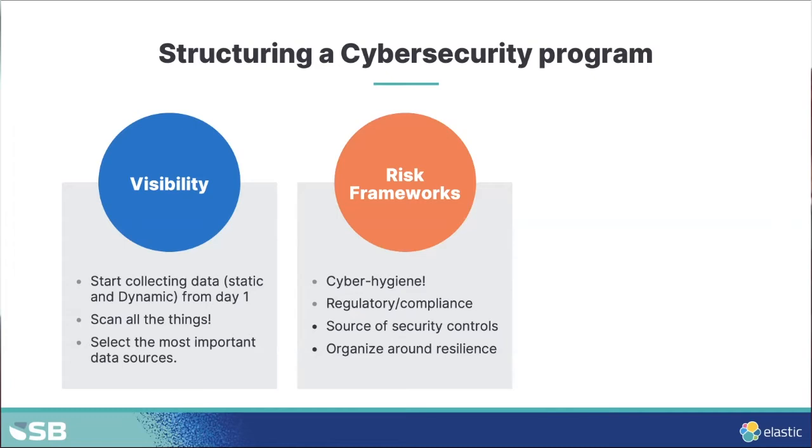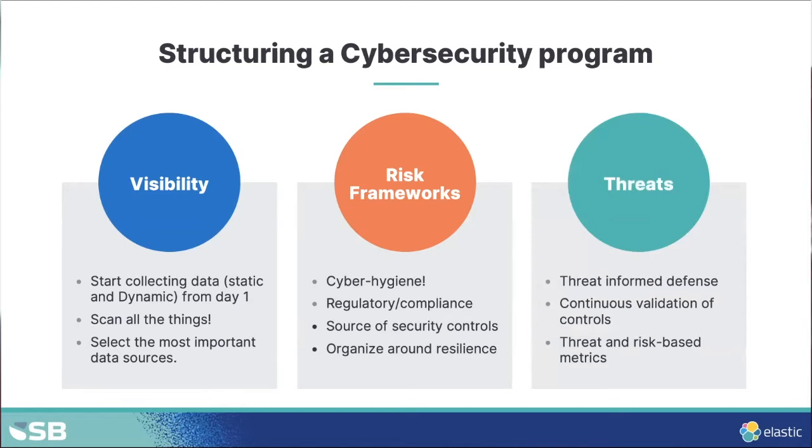Implement cyber hygiene practices, be aware of your regulatory compliance challenges, and use a proper source of security controls and frameworks. The idea is to organize your security operations around resilience. And finally, threats. Implement a threat-informed defense practice in order to continuously validate your controls and establish proper metrics to track progress.